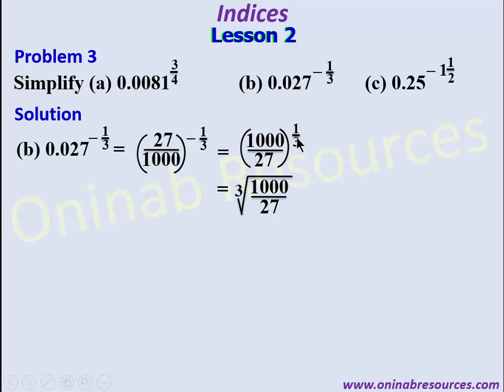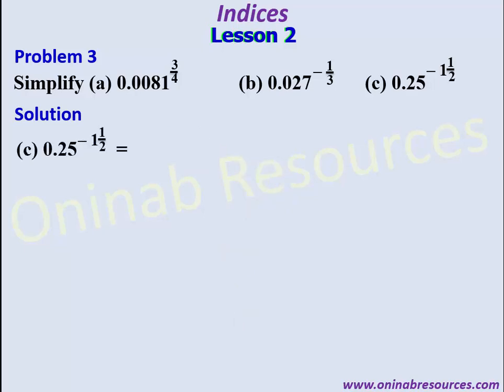Since the denominator of the fractional index is 3, we find the cube root of 1000 over 27, and that will give us 10 over 3, because cube root of 1000 is 10 and cube root of 27 is 3. And changing this to mixed fraction, we have 3 whole number 1 over 3, and that gives the solution of problem 3B. So we go to 3C.